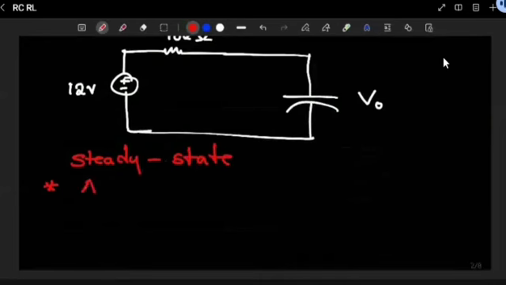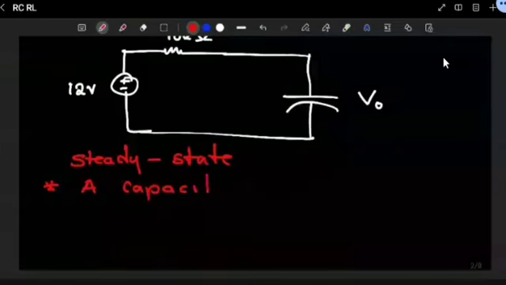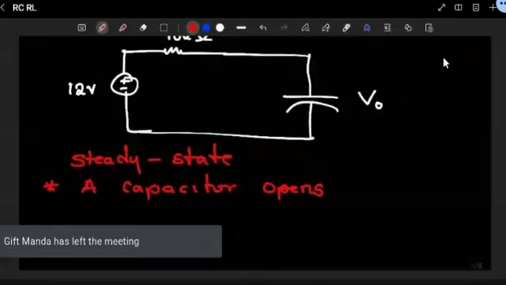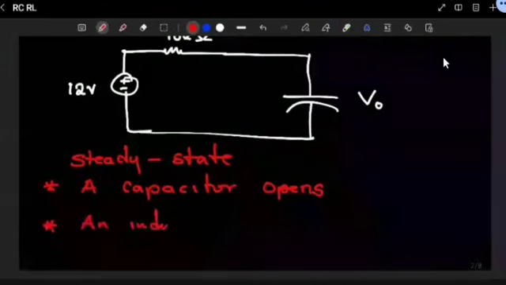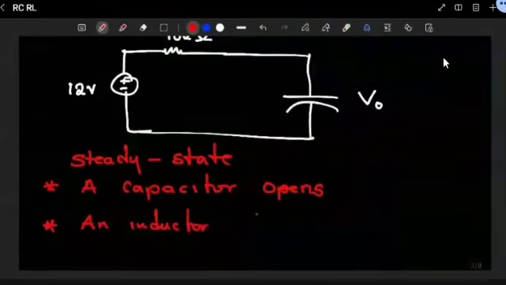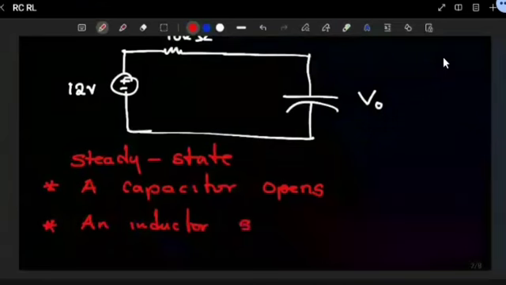A capacitor behaves like an open circuit. What if it was an inductor? An inductor behaves like a short circuit.